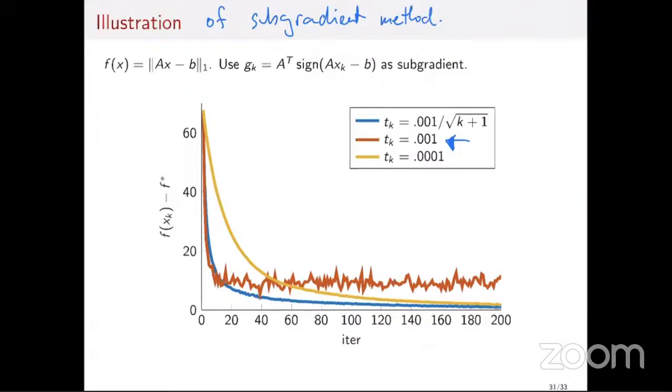Let me put it right now. Detailed discussion on step size choice in the subgradient method.